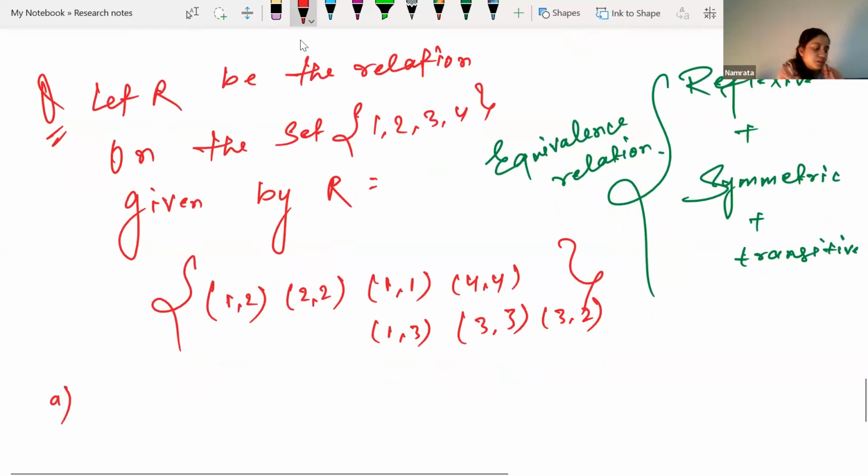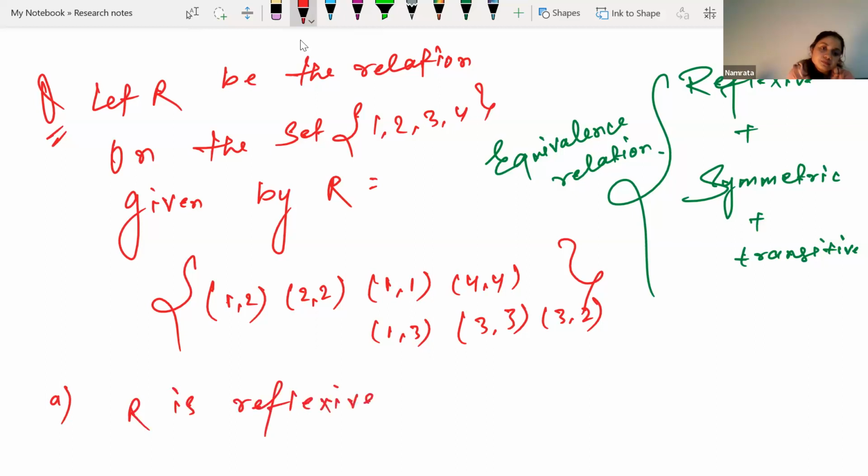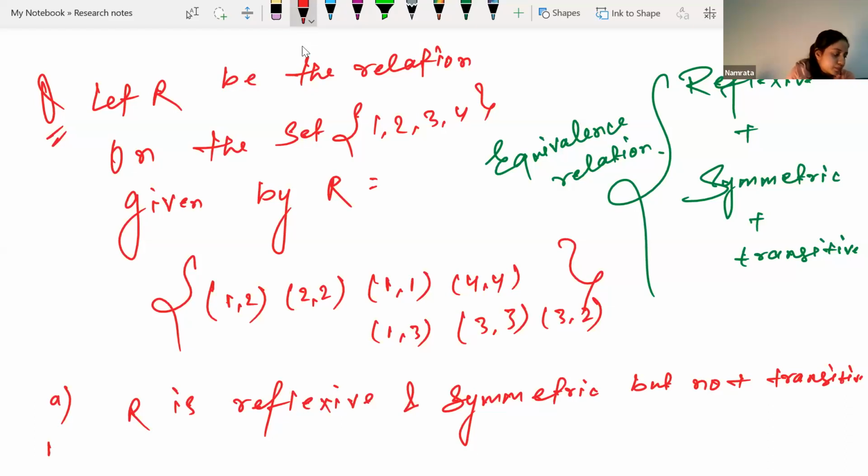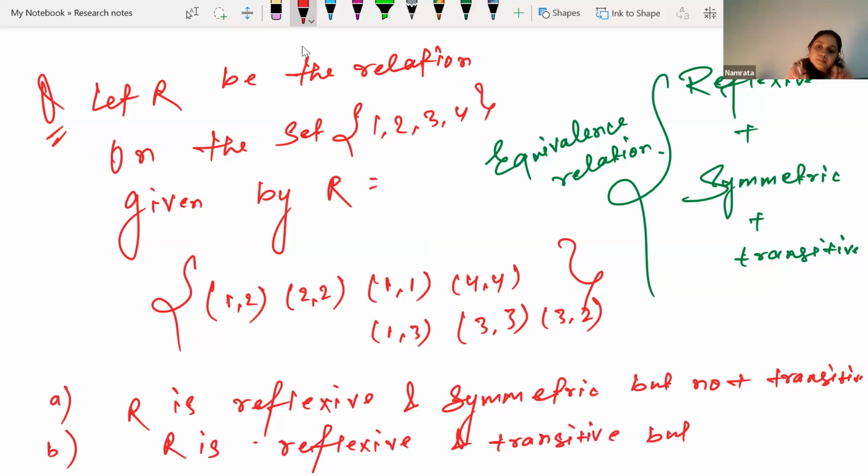Therefore, option A, R is reflexive and symmetric but not transitive. Next one, R is reflexive and transitive but not symmetric.